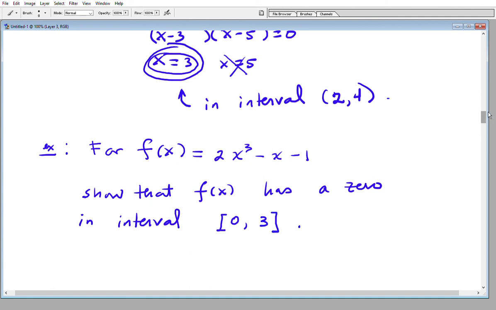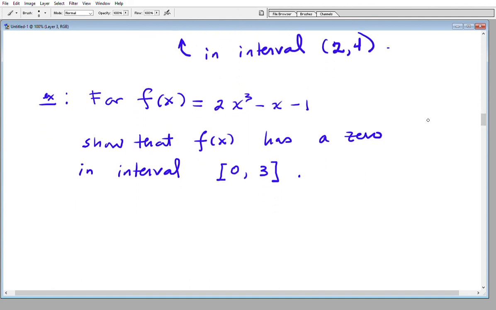So what we do is look at the starting value. This is what I call the starting value. Plug in 0 here, and we get -1. Let's look at what I call the end value. Plug in 3, and we get 2 times 27 minus 3 minus 1. 54 minus 4, we get 50.